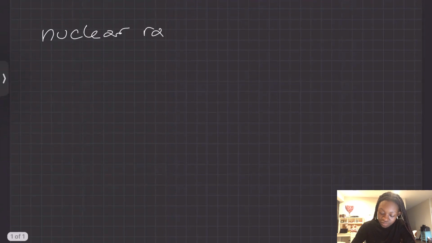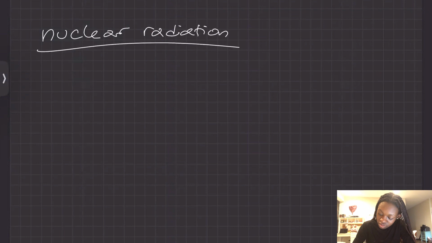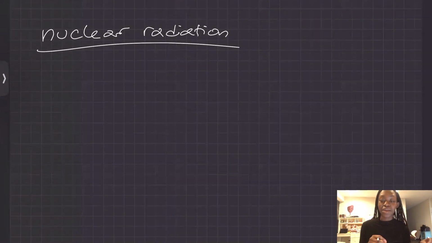So the first type of nuclear radiation, well actually, I feel like a good way to start is to give a good definition of what nuclear radiation is. Nuclear radiation is basically when a radioactive nucleus is converted to a more stable nucleus by emitting a type of nuclear radiation through reactions.